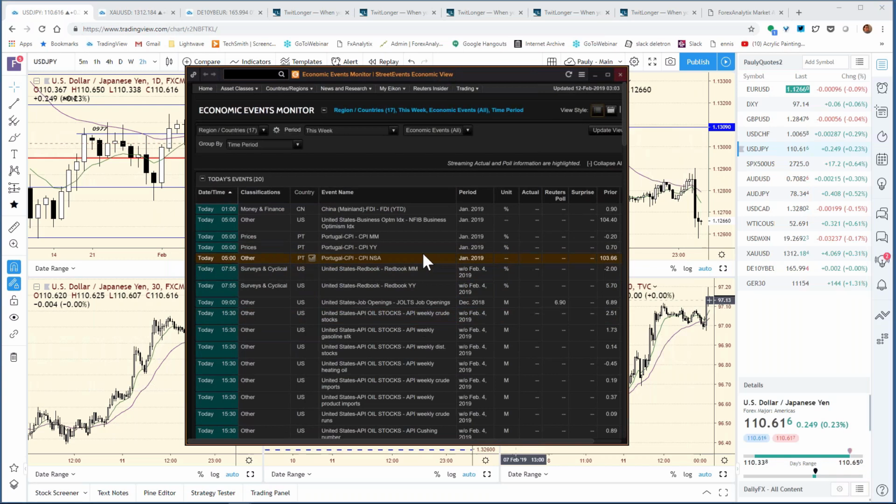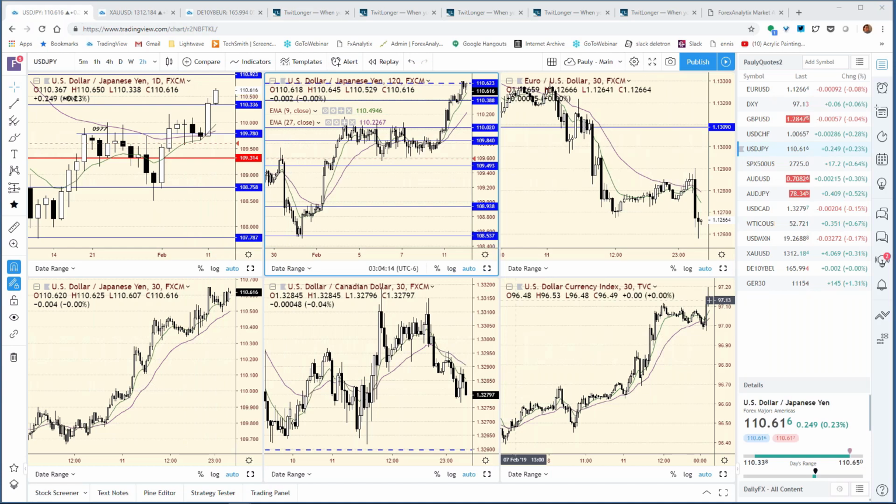We've got really nothing until we get to JOLTS, jobs openings, and then of course after equities close, we've got the API stocks. So definitely a lighter calendar. So let's move in now to the morning bid.